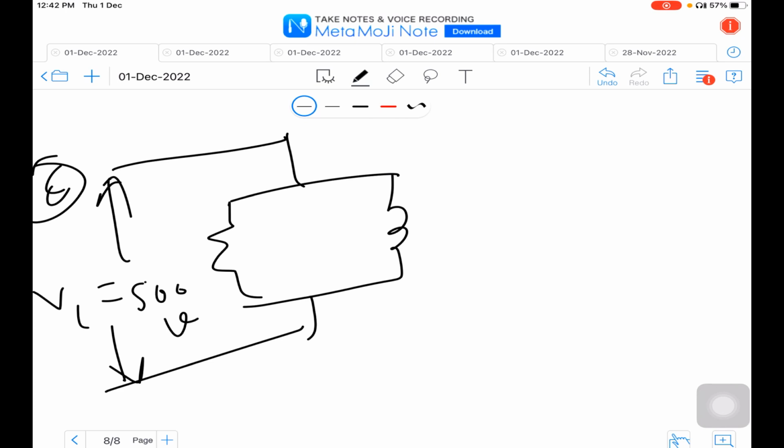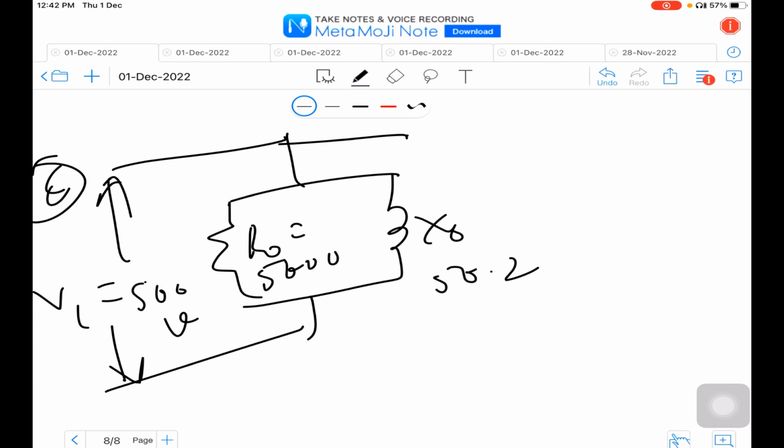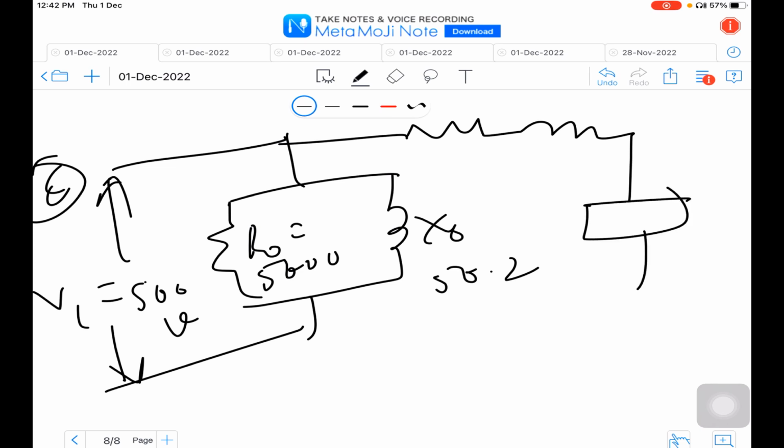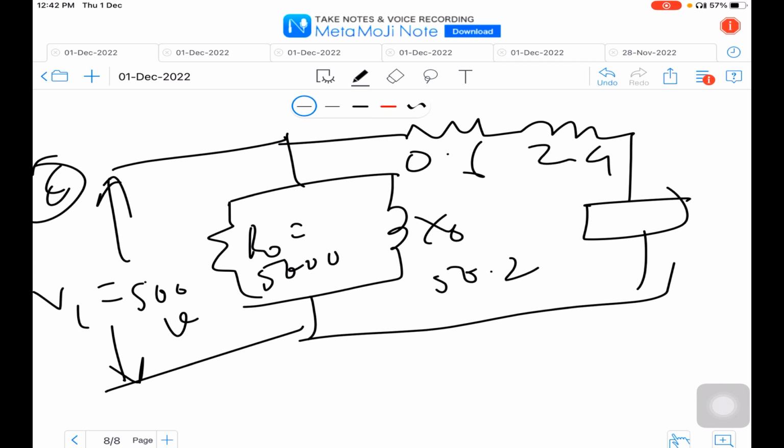Then you can write the value of R0 as 5000, and X0 as 502.3 ohms. Similarly, you can write R1E, then X1E, then ZL load. R1E we got as 0.6 and X1E as 2.4. Put together, we will get Z1E.